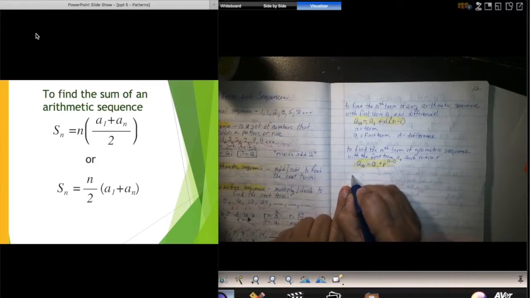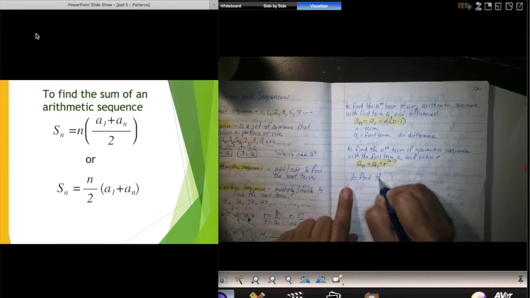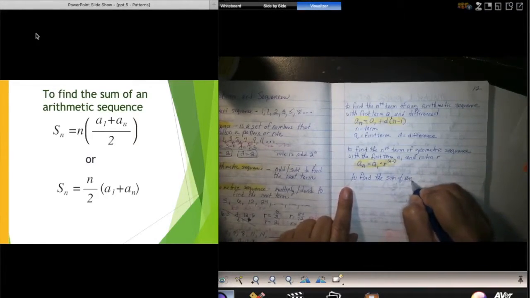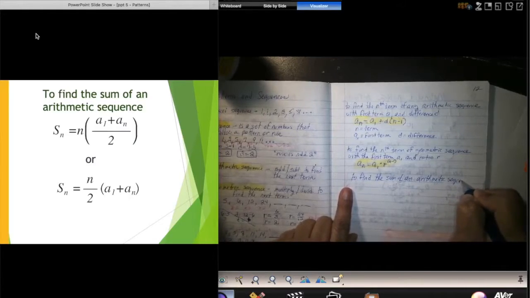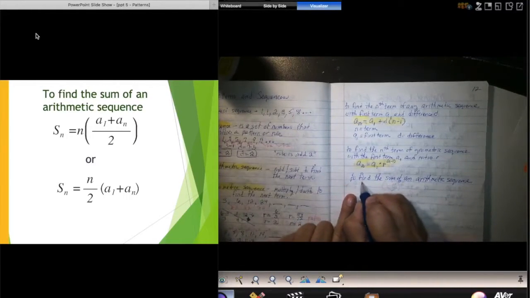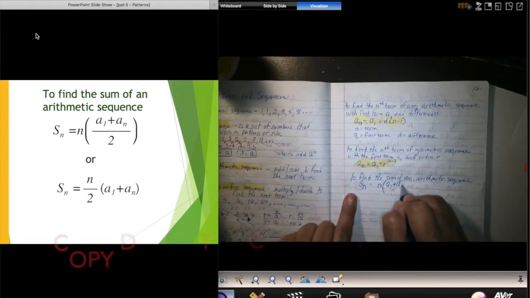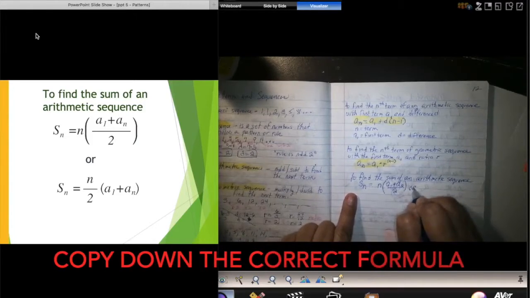To find the sum of an arithmetic sequence, we're going to use the formula S sub n is equal to n times a sub 1 plus a sub 2, all divided by 2.